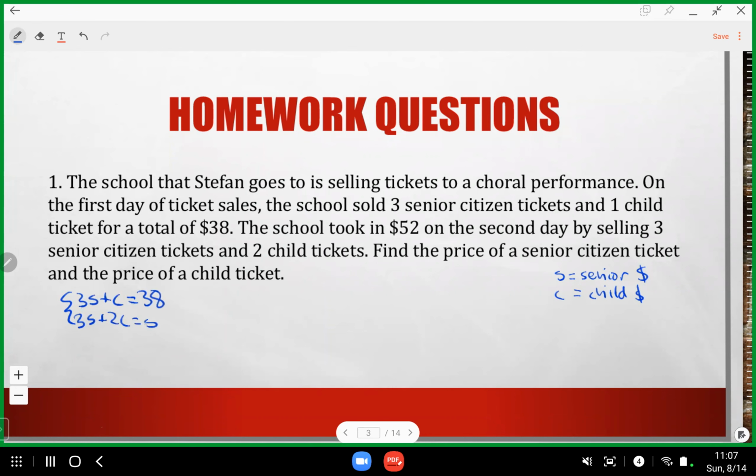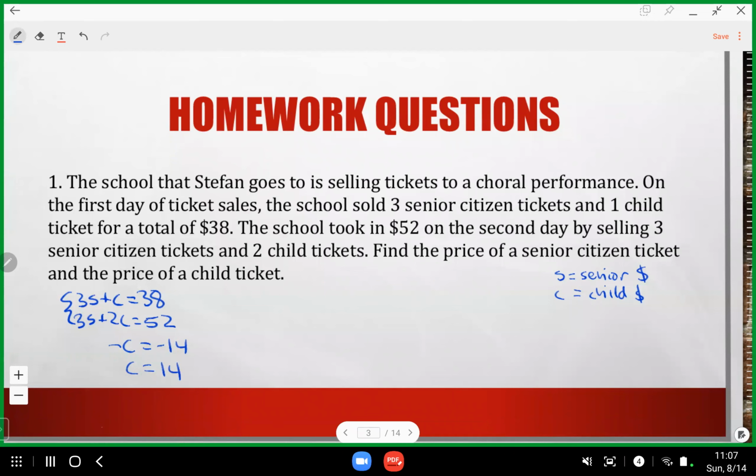After that, I used elimination to solve for C. I multiplied the second equation by -1 and then combined the equations. So I got 3S plus C minus 3S minus 2C equals 38 minus 52. So negative C equals negative 14 and C equals 14.